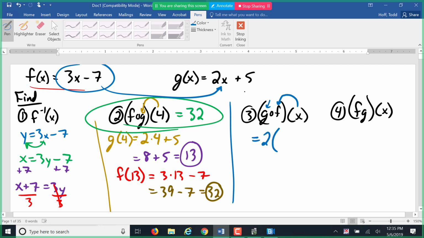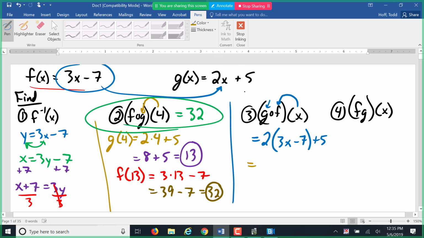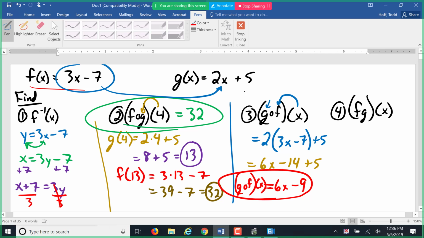So 2 times x becomes 2 times 3x minus 7, and then plus 5. 2 times 3x minus 7 is 6x minus 14 plus 5 equals 6x minus 9. So that is g composite f of x, 6x minus 9. That's the composite. Any questions there?